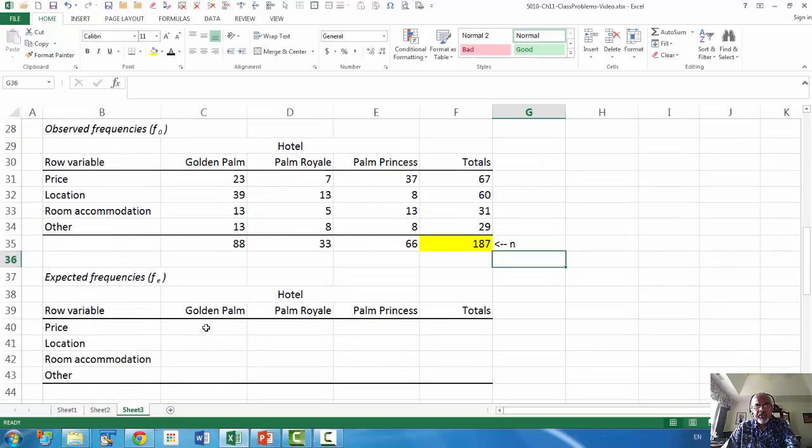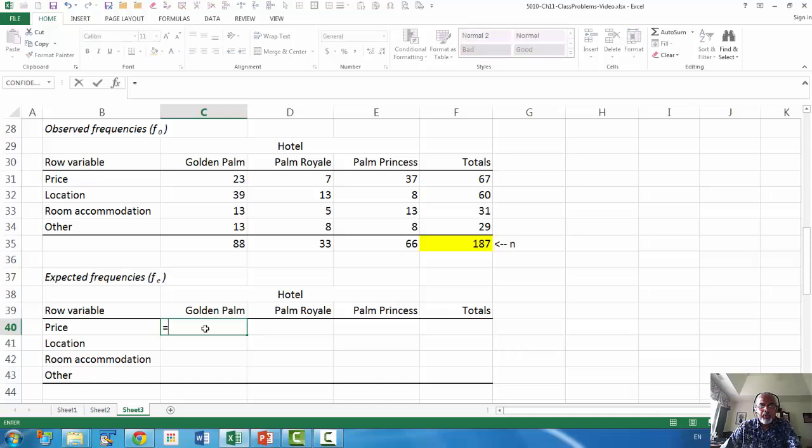The expected frequencies for each cell would be the row total. So the row total must come from column F. So you have to use the relative cell address judiciously. I will be looking for that. You should not set up individual formulas for each cell separately.